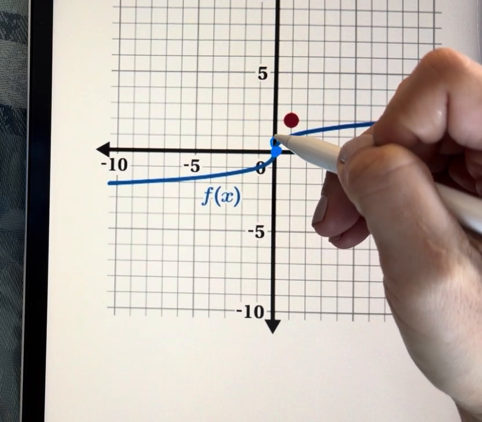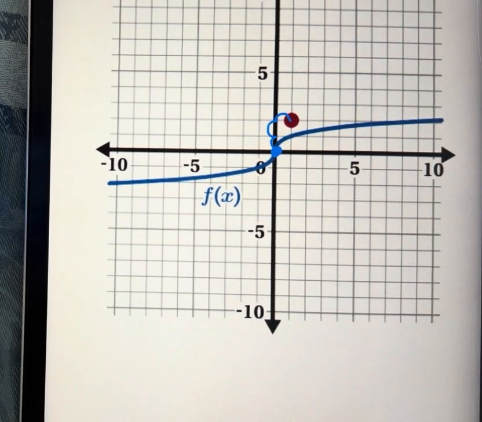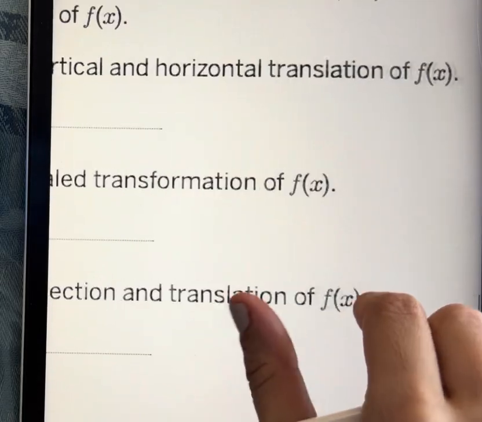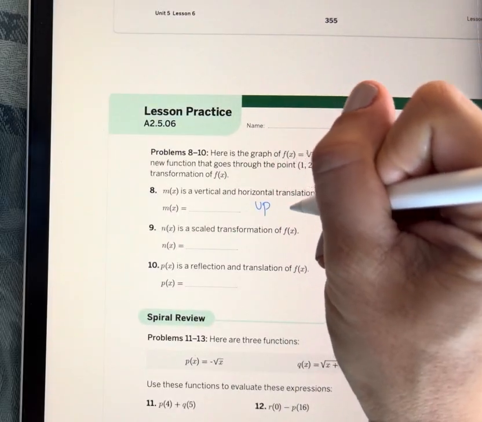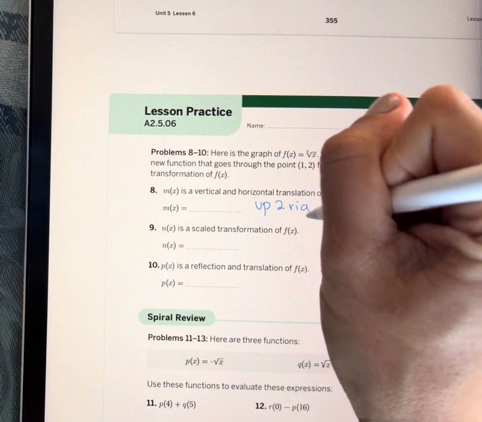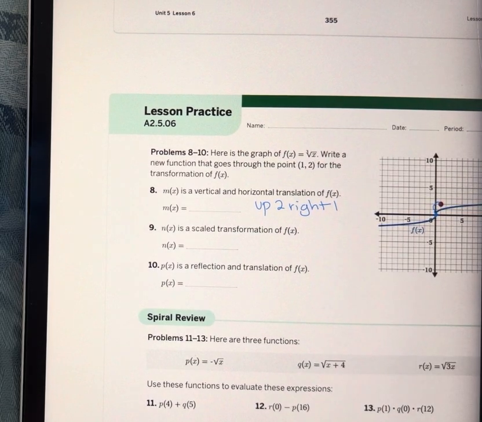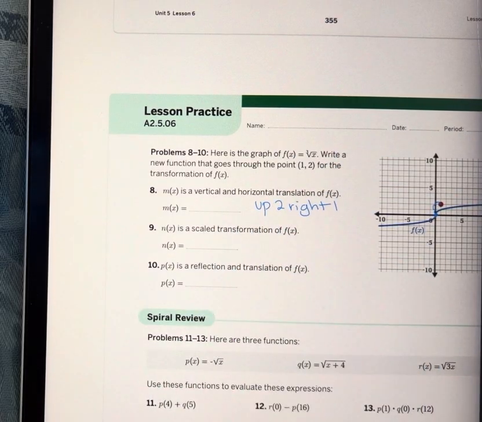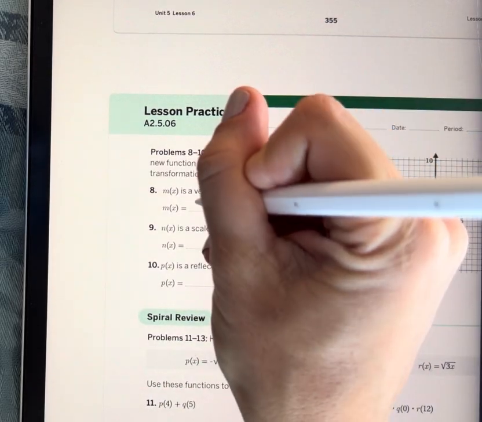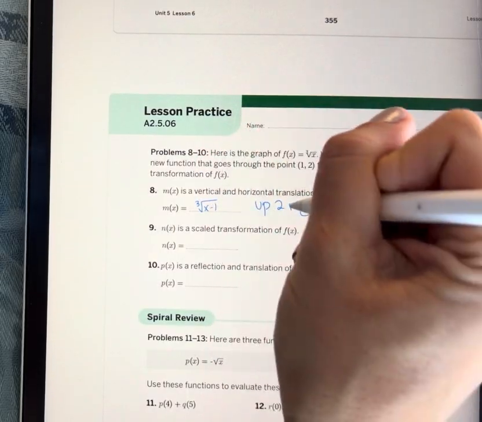So basically, I got to go up 2 and right 1 to get both a vertical and a horizontal. I could have gone through that point just going up 1, but then I wouldn't be doing both of these translations, and that's what they want. So cube root of x minus 1 plus 2.